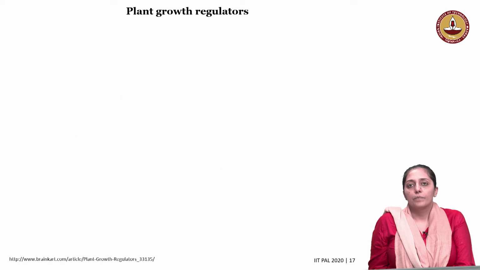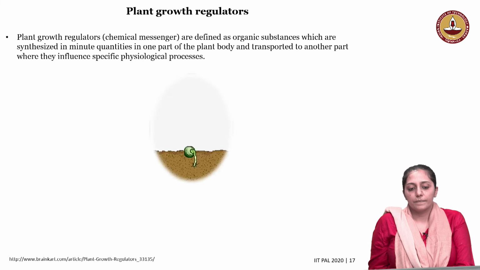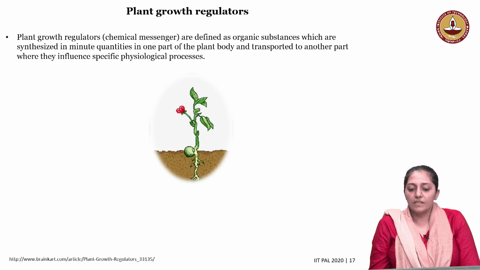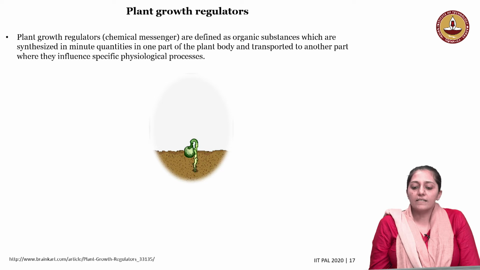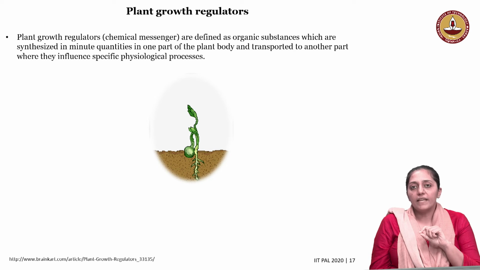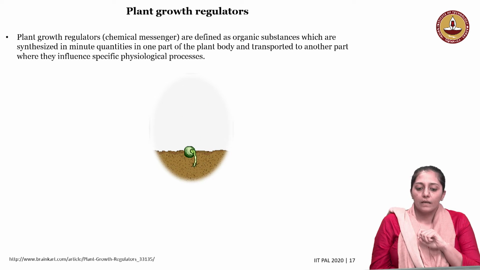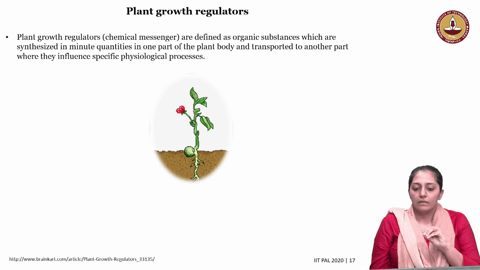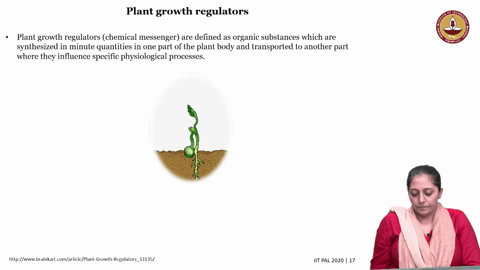So today we will discuss more about plant growth regulators. Plant growth regulators are chemical messengers which are defined as organic substances synthesized in very small quantities in a part of the body, and they can be transported to another part of the body as per the requirement, where they influence a specific physiological process.